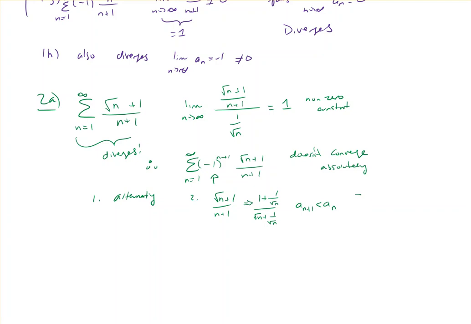And lastly, we have this. And that's true if you look at the same thing that we just talked about. So sure enough, all conditions are met. We have conditional convergence. That was fun.